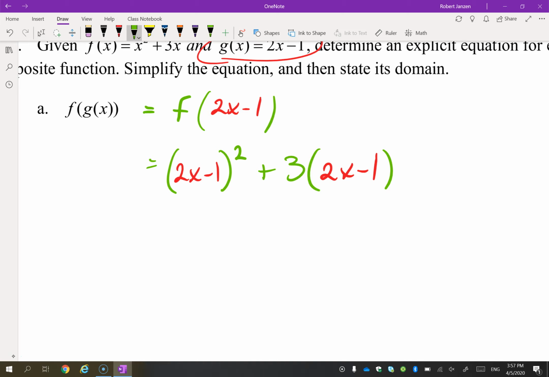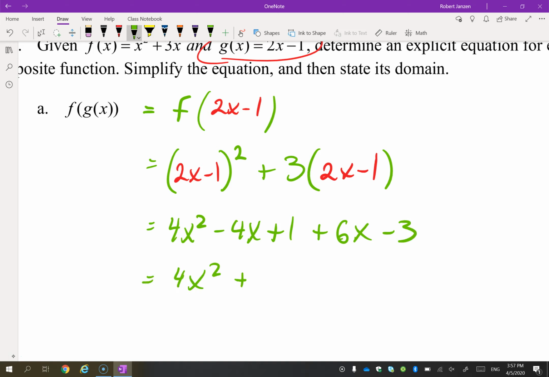Okay, and you could simplify this, we could expand it all out. This is 4x squared minus 4x plus 1 plus 6x minus 3. So you get 4x squared plus 2x minus 2.